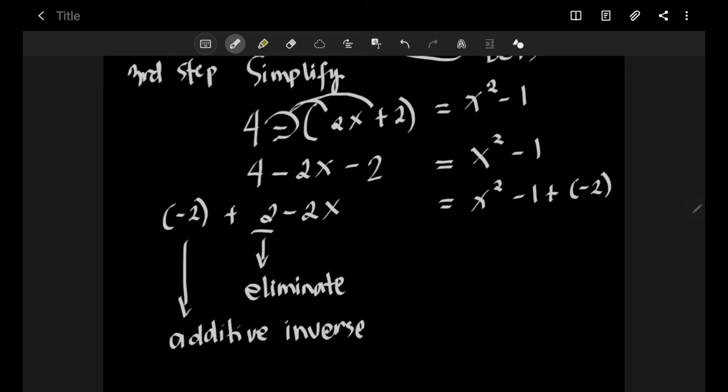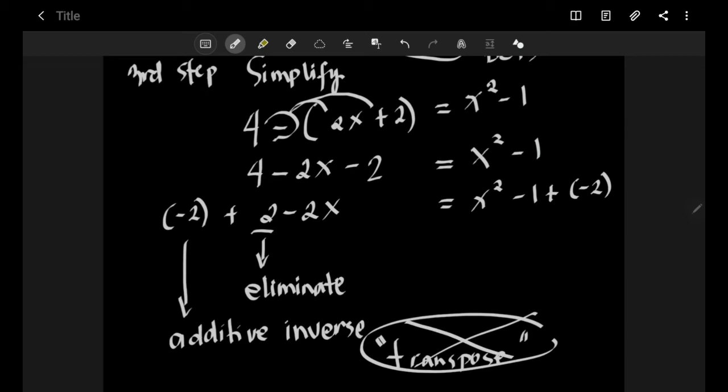Okay? Instead of using transpose, okay, wag na tayong gumamit ng term na transpose, okay? Hindi na natin siya gagamitin. Ang gagamitin natin is we have to add additive inverse, okay?